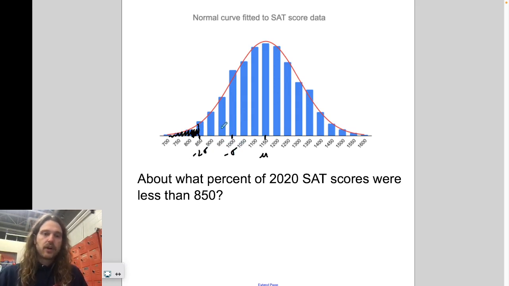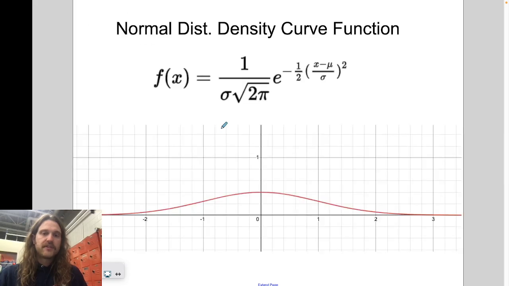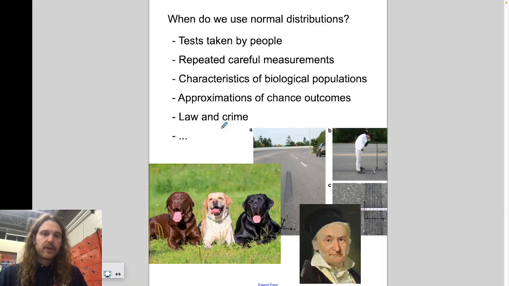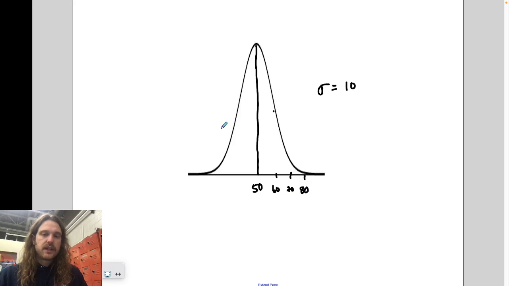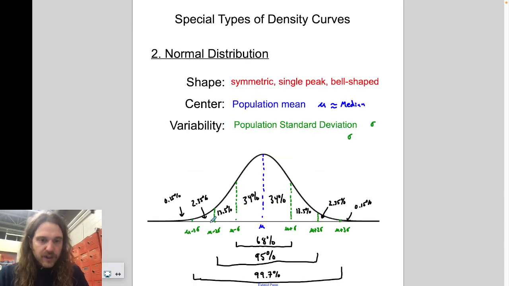So I go back to my chart. To figure out what that is, I'm going to go back to my empirical rule, which is right here. All I have to do is, to the left of 2 standard deviations is 2.35% plus 0.15%. So 2.35 plus 0.15 is roughly 2.5%.